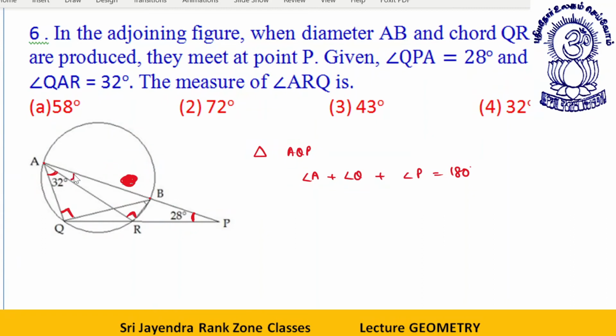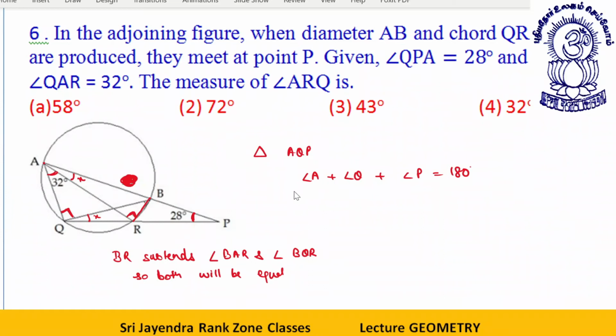Let's say this is X. BR subtends angle BAR and angle BQR, so both will be equal. Therefore, this will also be X.